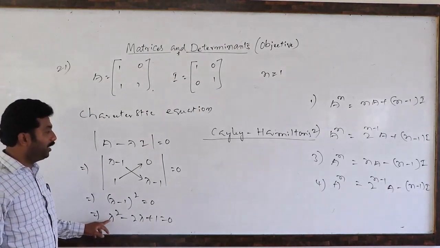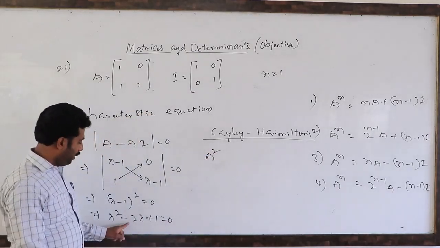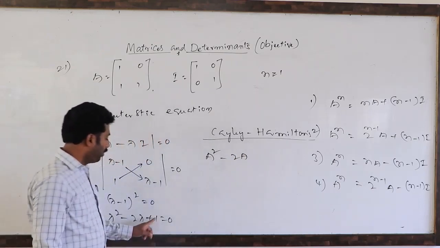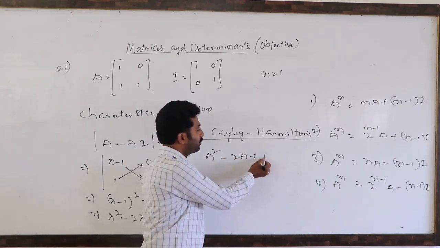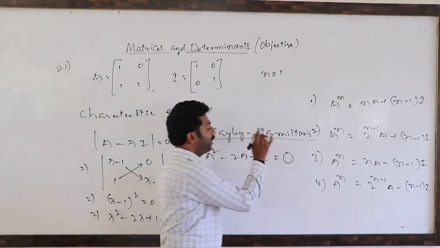That means wherever lambda is there, in that place we write A square. Minus 2 lambda is there, so minus 2A. Plus 1 is there, so plus identity matrix. Equal to 0 is there, so we write the null matrix.